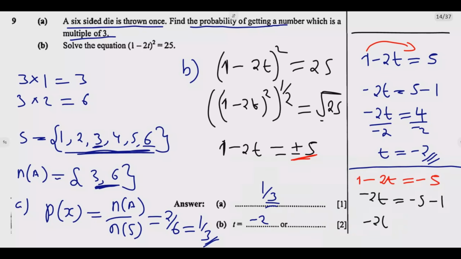So minus 2t equals minus 6. I divide by minus 2 on both sides, and this tells me that t is equal to 3. So the second value of t is 3. So that's how you solve this question to get these 3 marks.